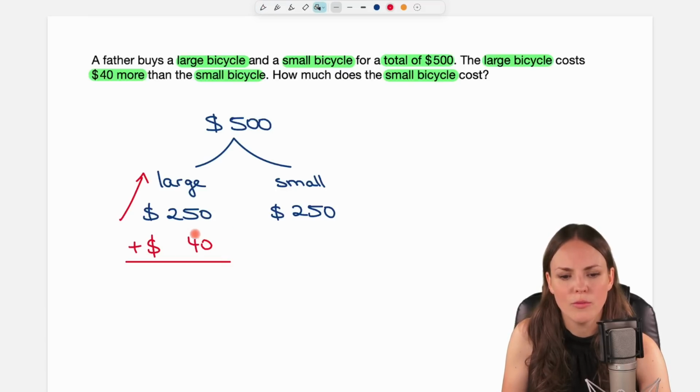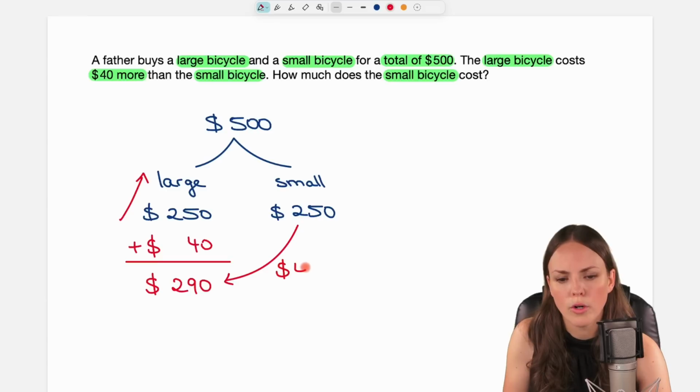If we add the $40 to the $250, we get $290 in total. And if we compare this now to the price of the small bicycle, which price difference do we have here? From 250 to 290 would be a price difference of $40. So this is what we wanted.